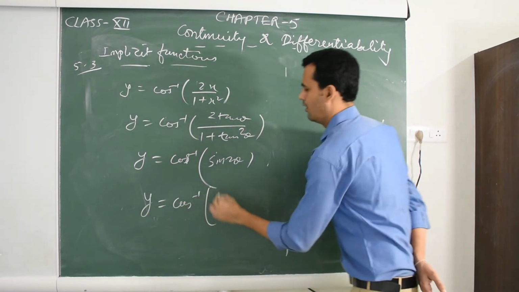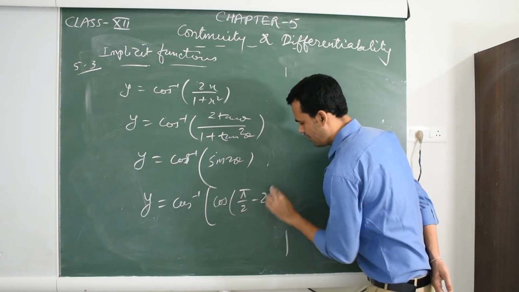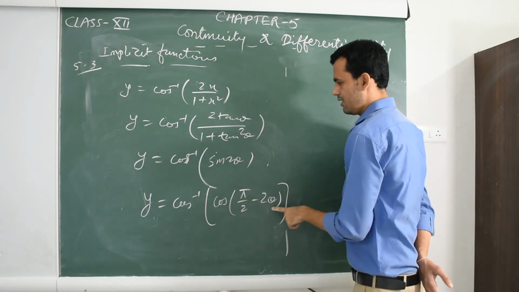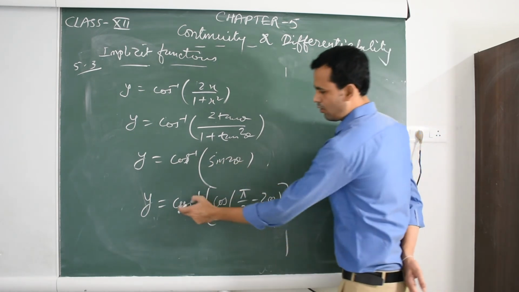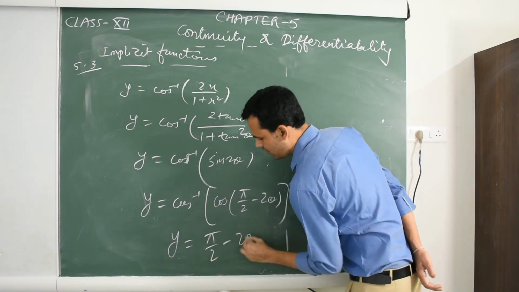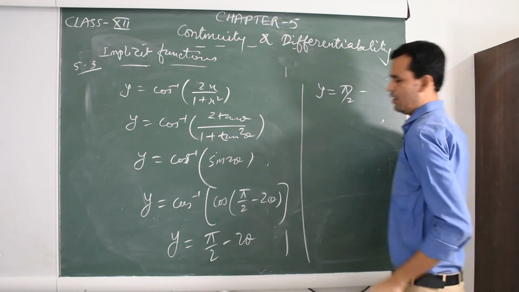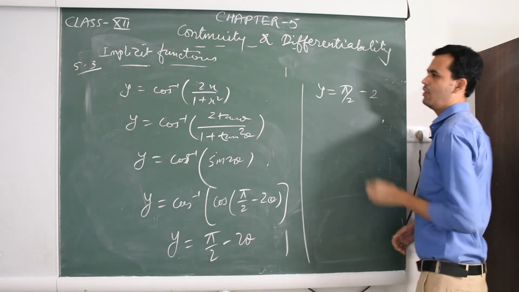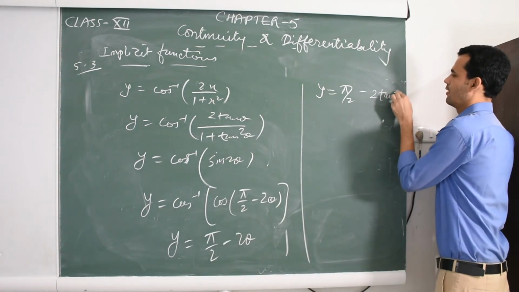Cos inverse cos of (90 minus 2 theta). We know that cos of (90 minus theta) equals sin theta, so we write it in this form. So cos inverse cos theta is theta. So y equals pi by 2 minus 2 theta, or y equals pi by 2 minus 2 tan inverse x, since the value of theta is again tan inverse x.